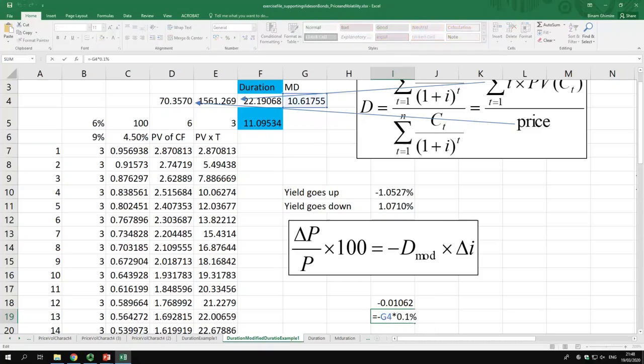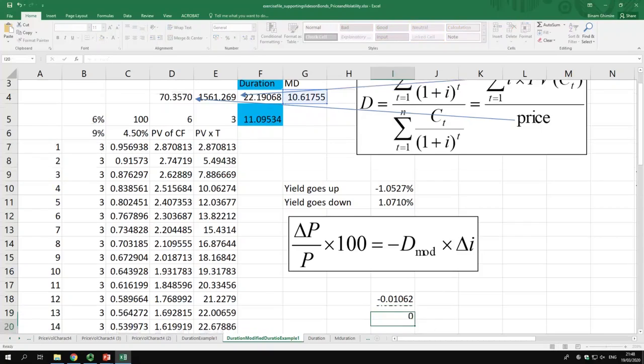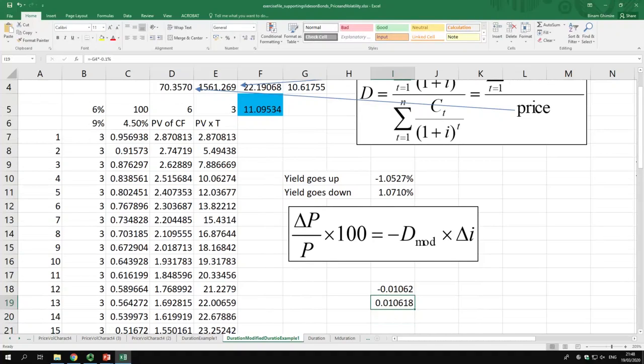When it goes down, it should be minus, isn't it? That's it. And it is 0.10618. So if you change them into percentage terms, then comparison is easier. Okay, can you see this?